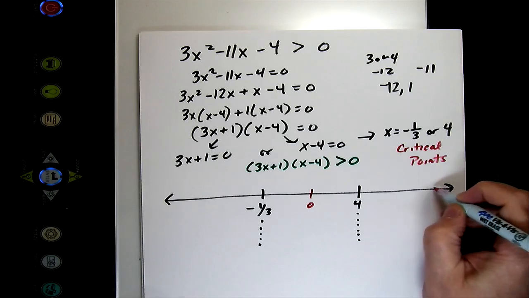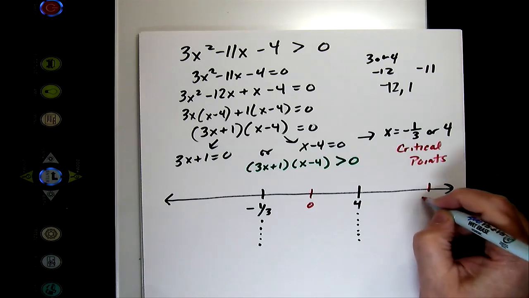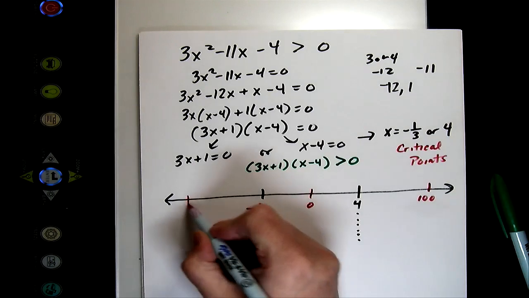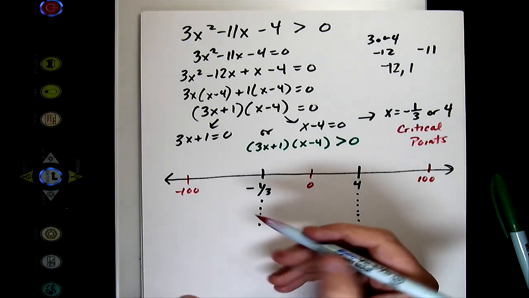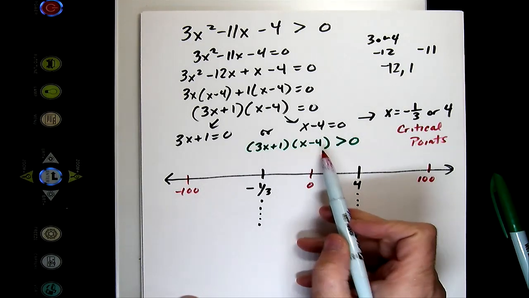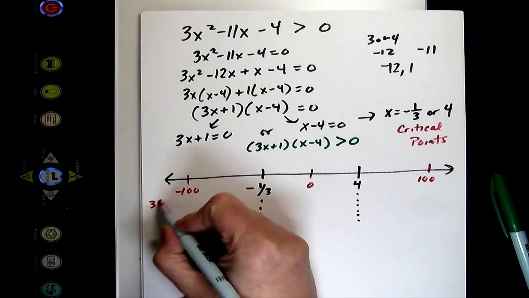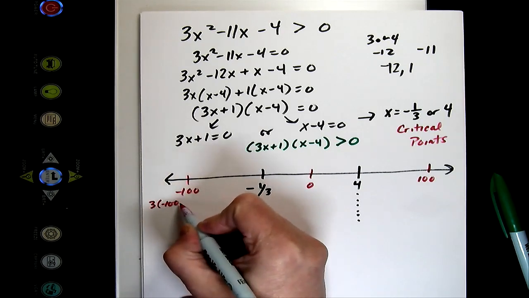0's in here. 1,000 just took up too much writing. Let's go with like 100, maybe a negative 100. So I'm going to take these values and plug them in. 3 times negative 100 plus 1.